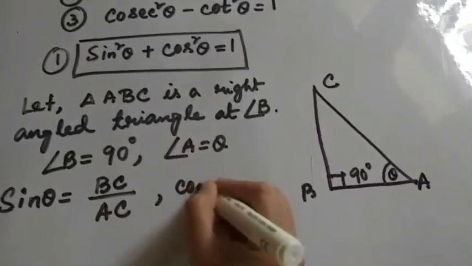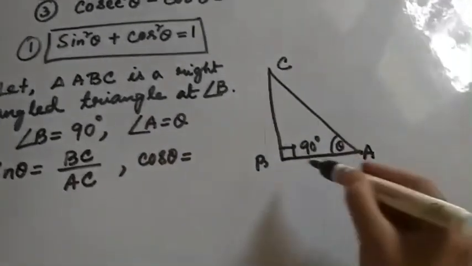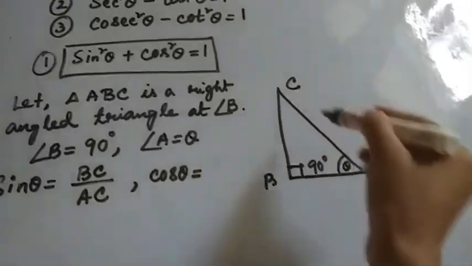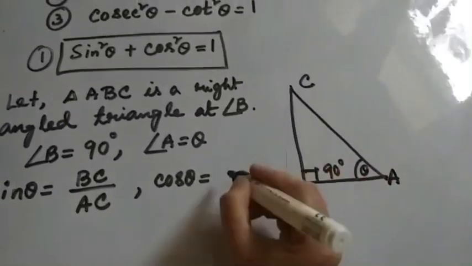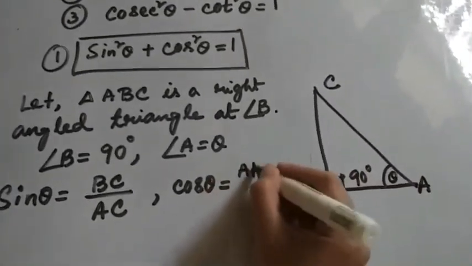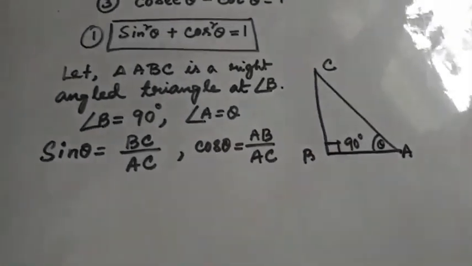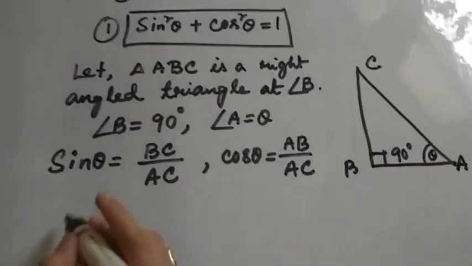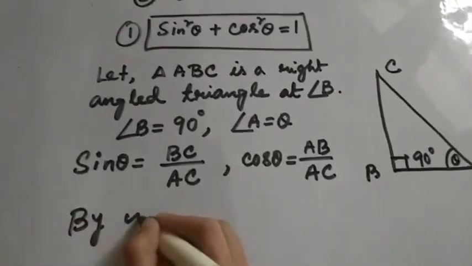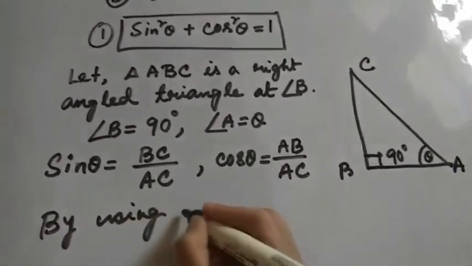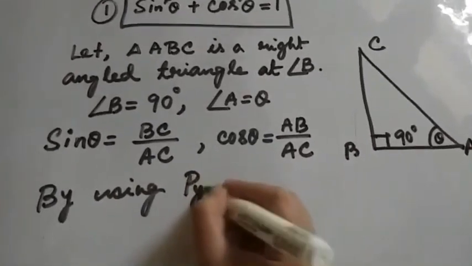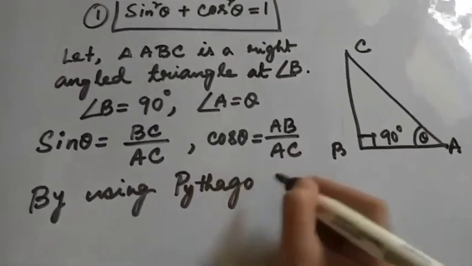And cos theta will be the adjacent side of angle theta divided by hypotenuse, that means AB by AC. Now we are using Pythagoras theorem.